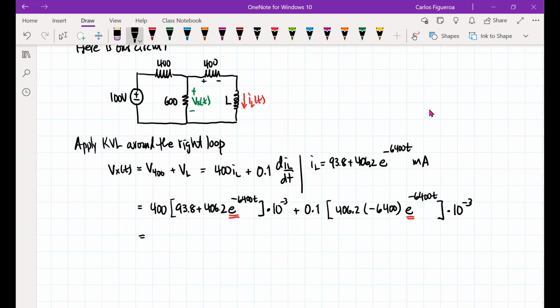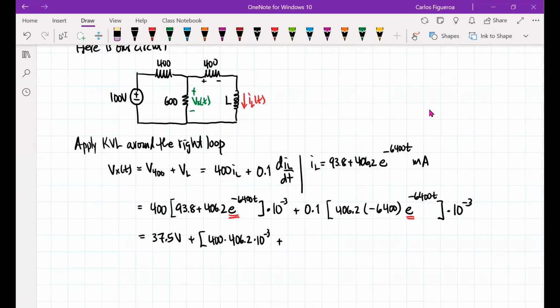I have 400 times 9.83 times 10 to the negative 3. That gives me 37.5 volts. Then I have my second term. If I look at the exponential term, I have 400 times 406.2 times 10 to the minus 3. And then I have my second term here.